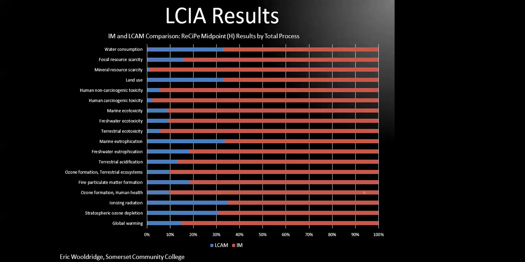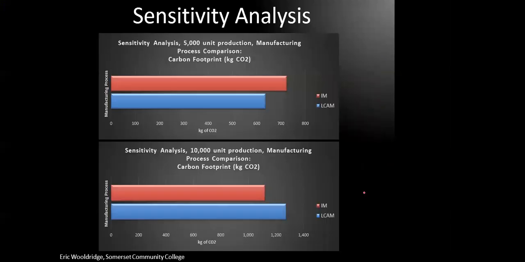However, and there is always a however in science, there was a transition when we started looking at, well, how much is there a change when we increase the count? When we go from 500 to maybe 5,000 to 10,000 units, what happens? And that also was very telling. So what you see on the screen here are the comparisons of the carbon footprint when we went from 5,000 units to 10,000 units.